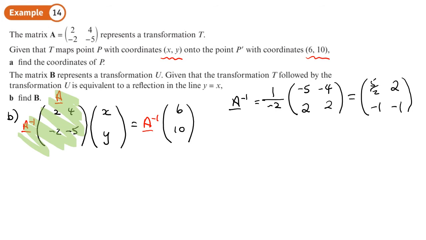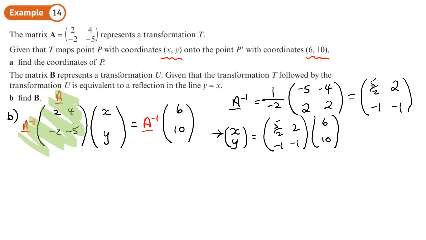So now x, y, these original points, is going to be this inverse matrix times by the points 6, 10. Right, so let's work out what we get with that.